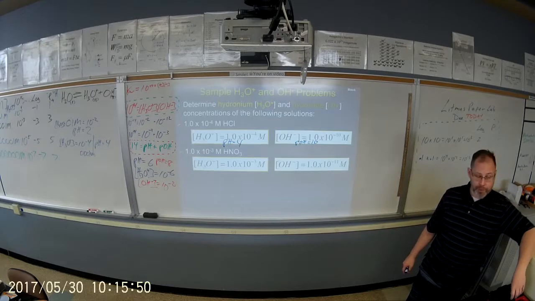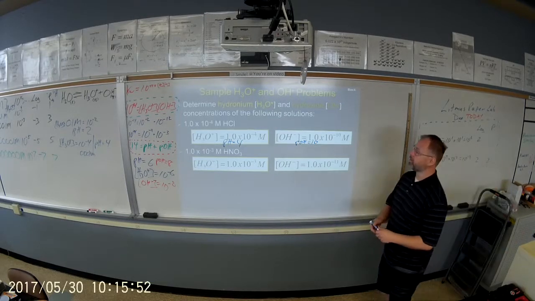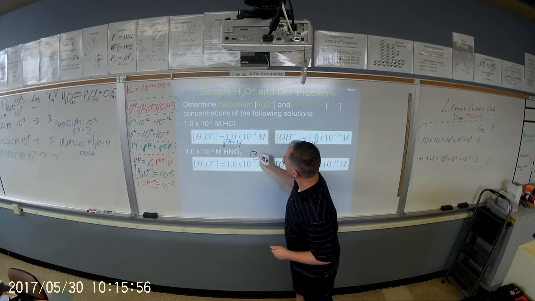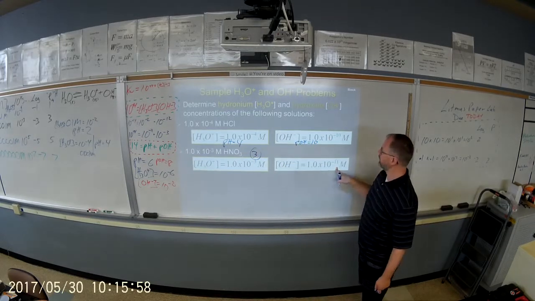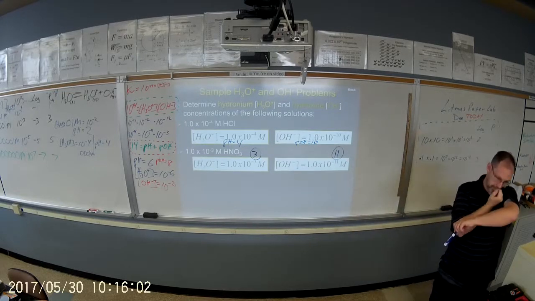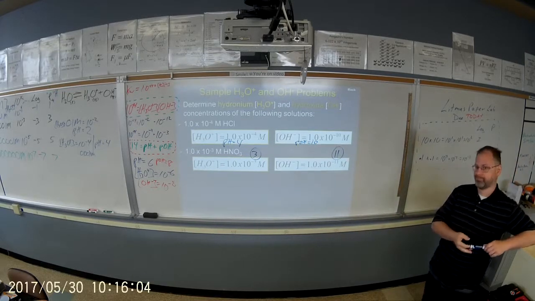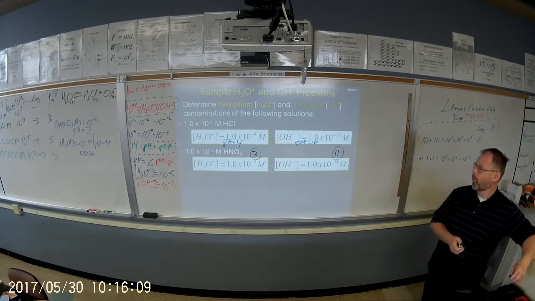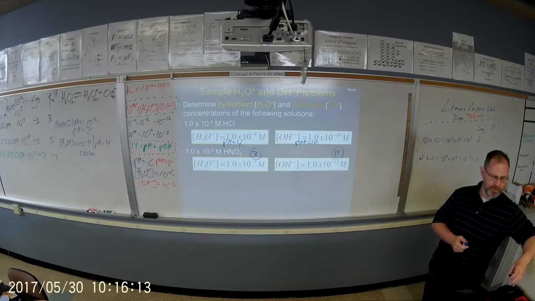And now that we have hydronium and hydroxide, we can identify the pH here as 3 and the pOH as 11. Questions so far? You feeling good about this? Yeah. This is something you can do?